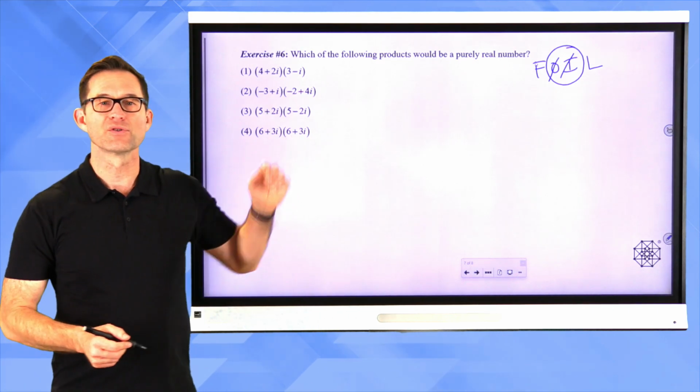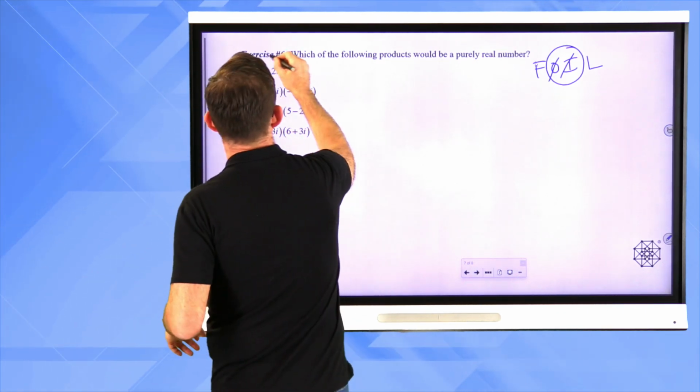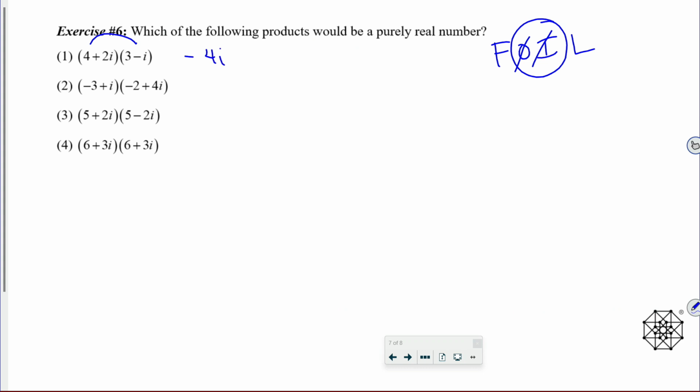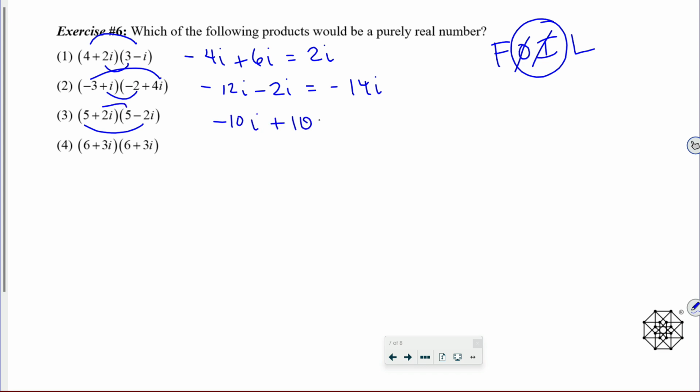Well, let's take a look at the first one, right? The O and the I here would be negative 4i and 6i, and that would be 2i, and therefore it would have an imaginary component. In this particular one, I would have negative 12i and negative 2i, and that would be negative 14i, which would have an imaginary component. In this one, I would have negative 10i and positive 10i.